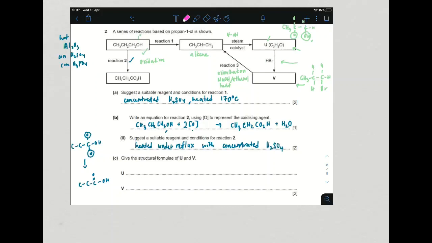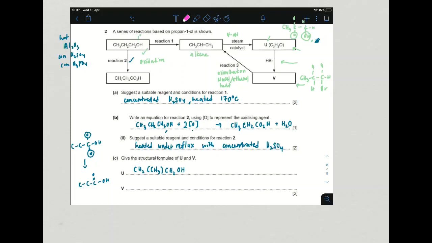Now give the structural formula of U and V. The U we already wrote just now, so we just need to change it into structural form. So we just put CH3CH2CH2CH2OH.